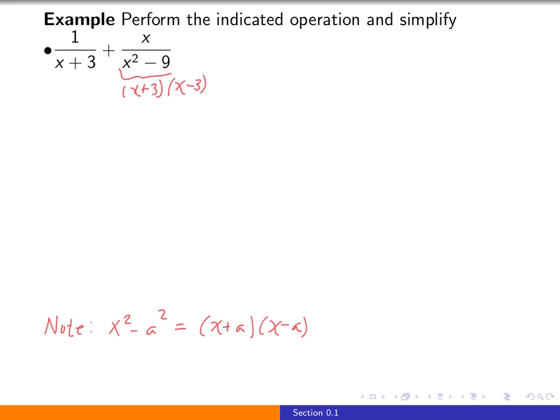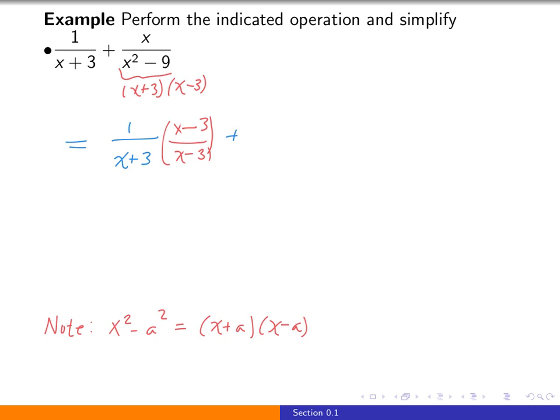So if we would like to get a common denominator, we can take the first term and multiply it by x minus 3 over x minus 3.